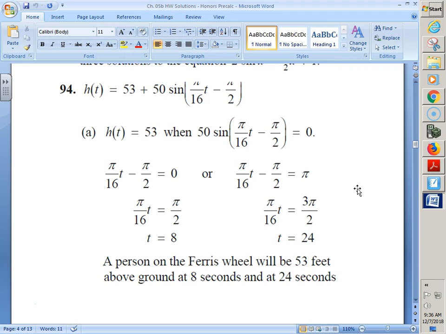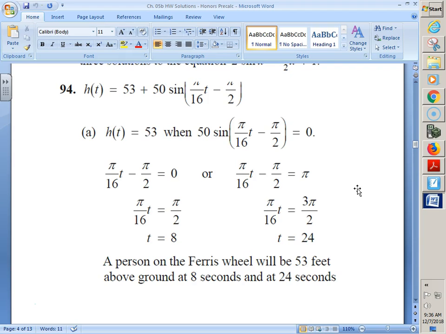You could have pulled out your pi over 16 if you wanted to get your period. They were asking, when will the person be 53 feet above ground? When will you be passing the center of the Ferris wheel is what they basically were asking. So long story short, you just had to set this guy equal to 53, subtract the 53 is 0, divide the 50.